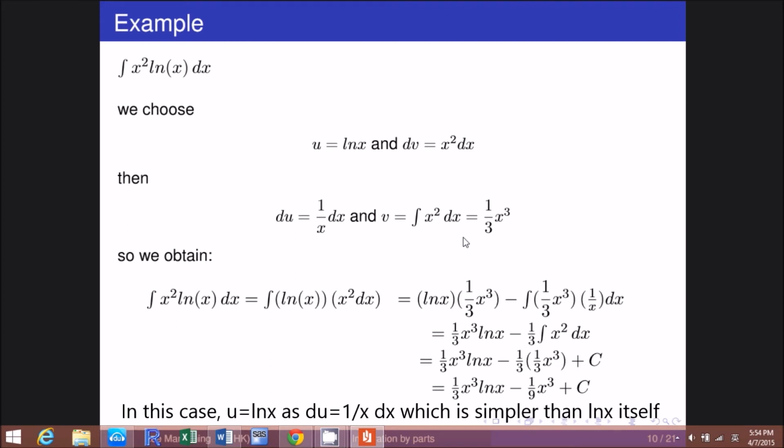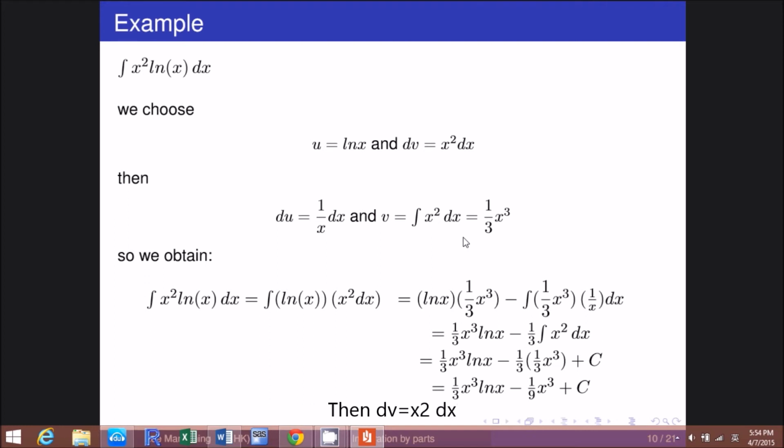In this case, we will choose u equal to log x, as du equals 1/x dx, which is simpler than log x itself. Then dv equals x squared dx. And by integration, v equals 1/3 x cubed.